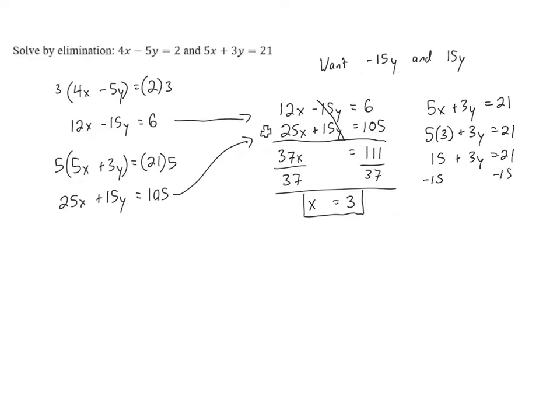If we subtract 15 from both sides, this leaves us with 3y equals 6. And if we divide both sides by 3, that gives us y equals 2. So we have our final answer, x equals 3 and y equals 2.